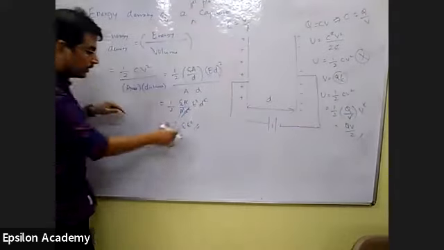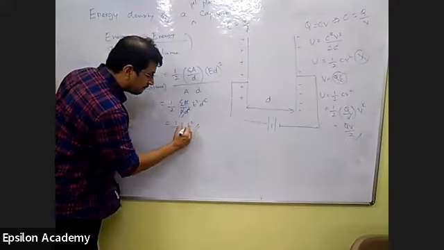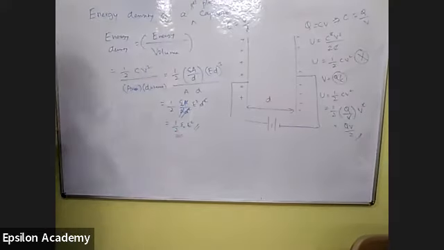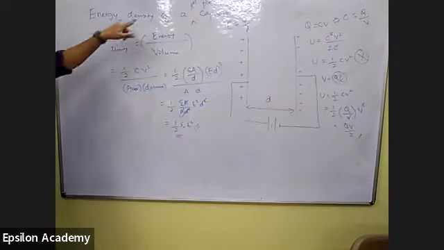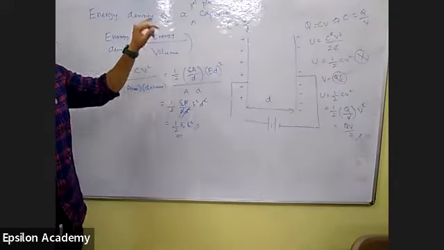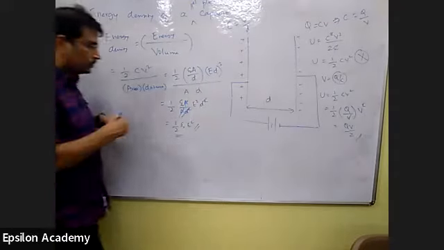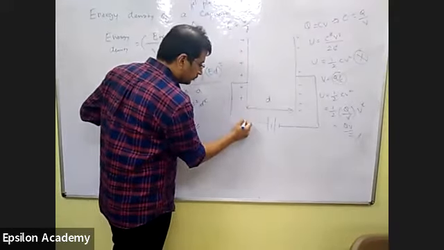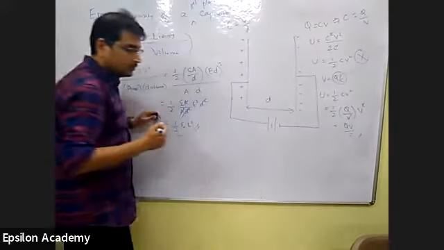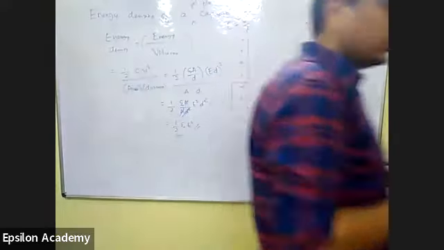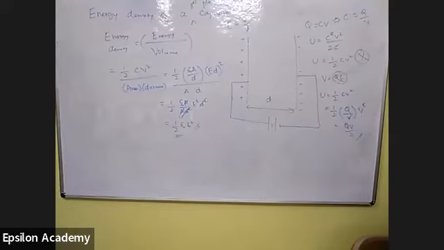Okay. Half into epsilon naught E square is what is the energy density of a parallel plate capacitor. Make a note of this.